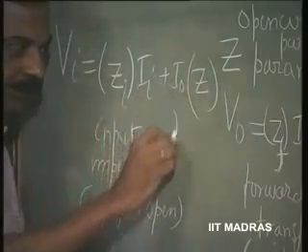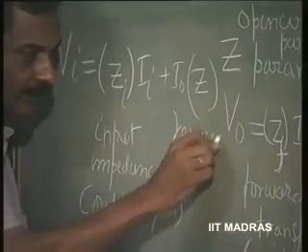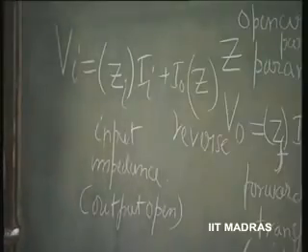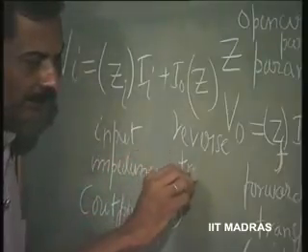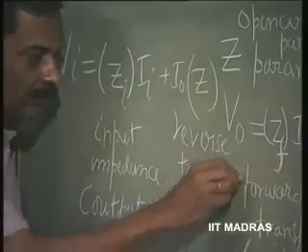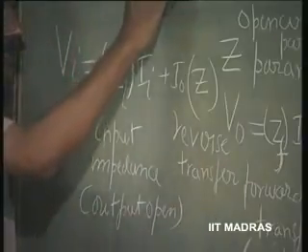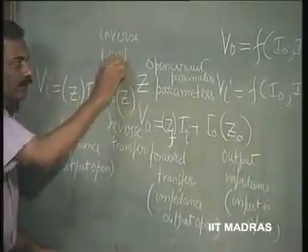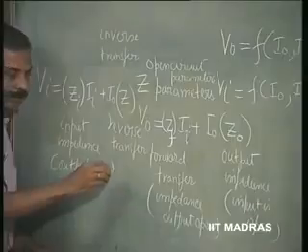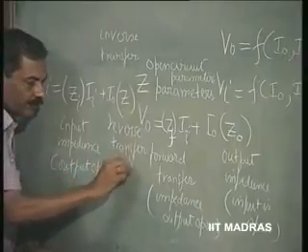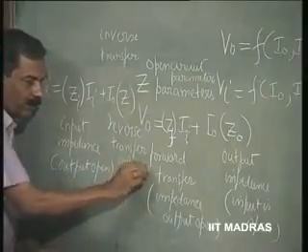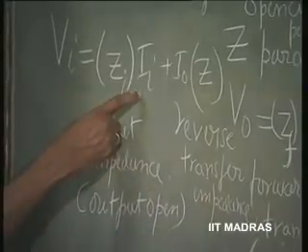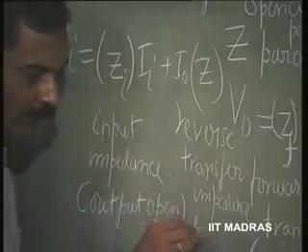So, just like the forward, this is the reverse transfer, or it is also called inverse transfer parameter, right? In this case, impedance. All the parameters in this case. How do you measure this? Again, Ii has to be 0, which means input open.